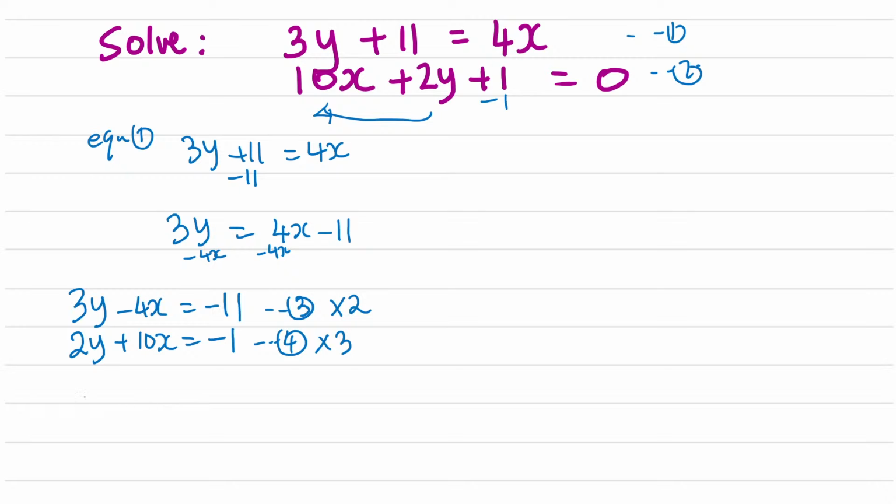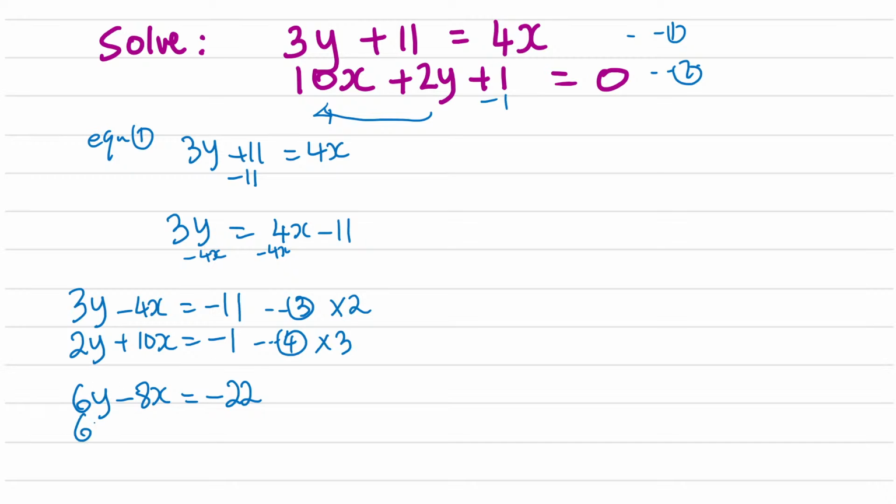Okay, so if we did that, then we have 3 times 2, we have 6y, minus 4 times 2 is 8, minus 8x equals negative 11 times 2, that's negative 22. And now for the second part, we have 2y times 3.